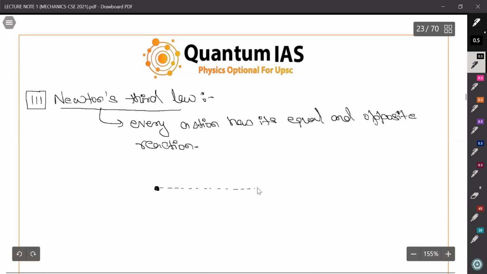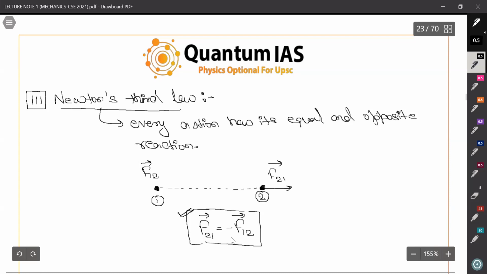Now let's consider two particles in mutual interaction with each other. Suppose this is particle number 2 and this is particle number 1, and this is F21, force on 2 due to 1, we know this notation, and this is F12. According to Newton's third law, we can write F21 is minus F12.